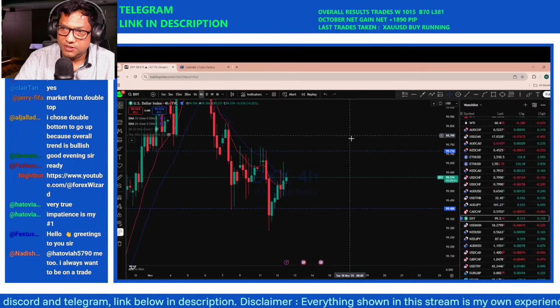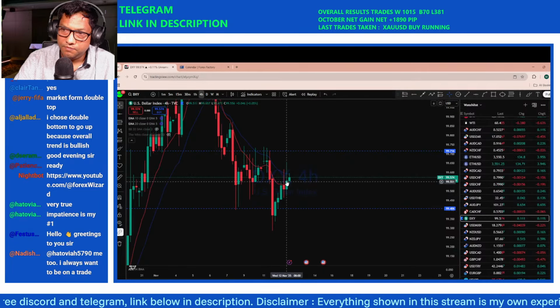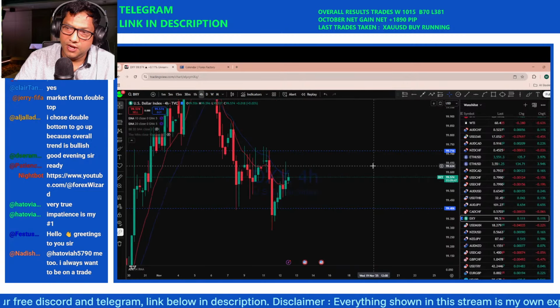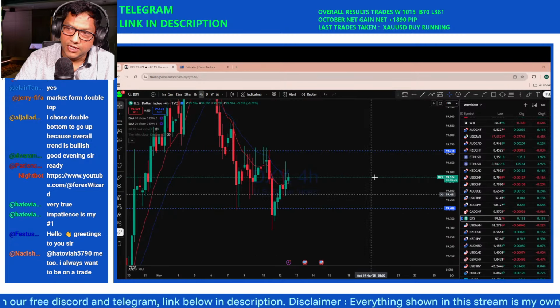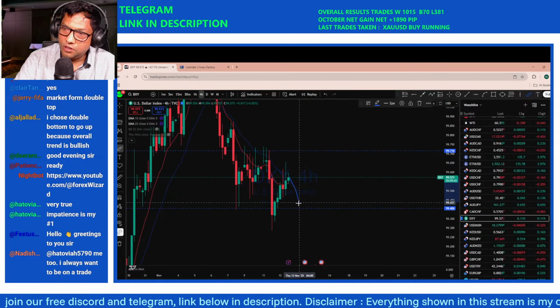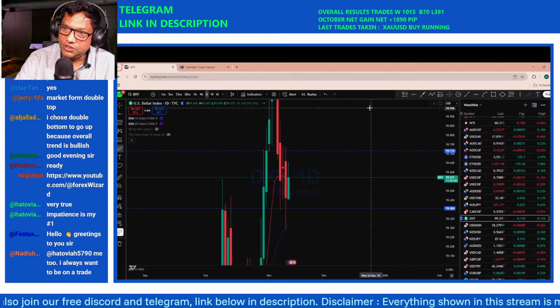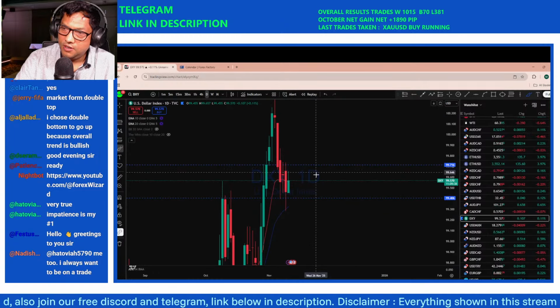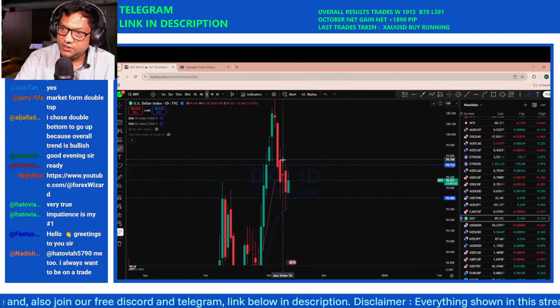Now at the moment you can see it's a very narrow range here, and it may come down for a short term because daily price action so far there isn't much, and it is still in a series of lower highs.